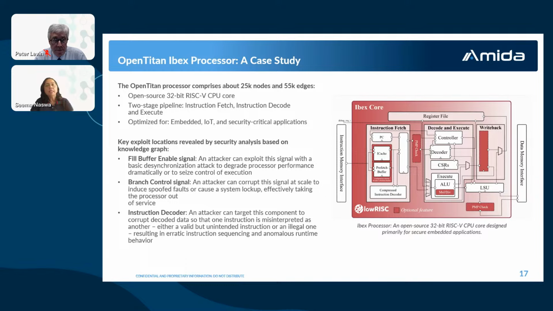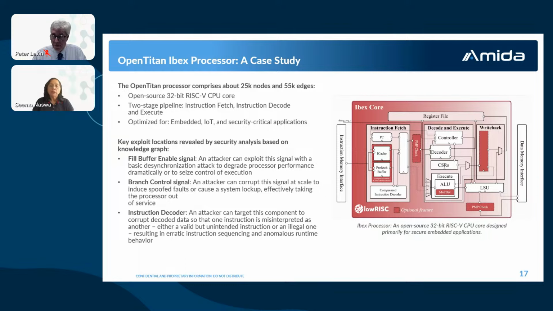We identified signals that could be exploited to cause a desynchronization attack, to cause spoof faults, or to result in erratic instruction sequencing, resulting in unpredictable runtime behavior. So this case study demonstrates that Amida's approach is practical and effective even on a complex real-world processor.